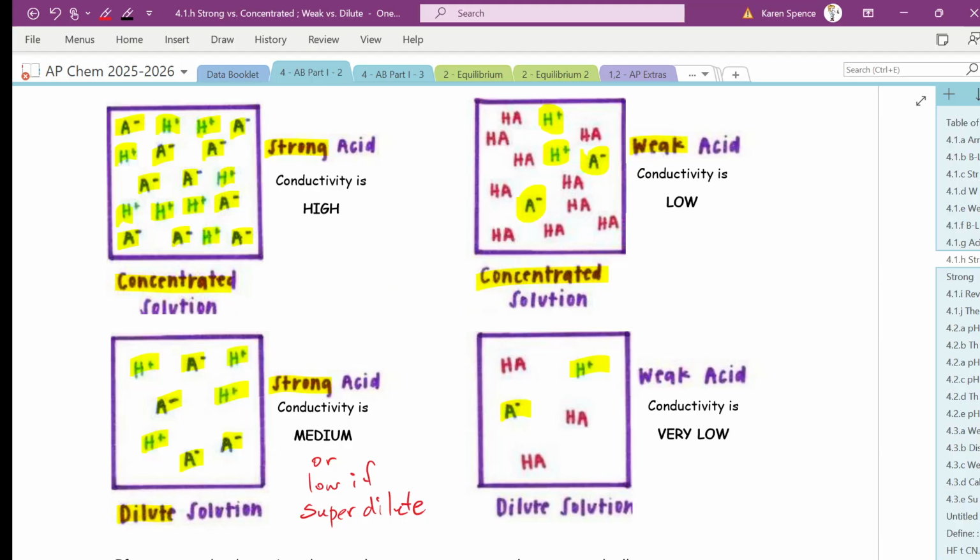Miss Spence, Dorothy had a question. So if you have a really, really concentrated strong acid, would the bulb potentially blow up? I don't know. I'm not willing to test it out though because it's really hard to get a hold of incandescent bulbs these days. So, like I said, I'm not really willing to test that theory.